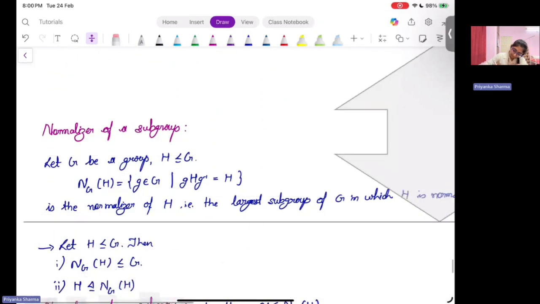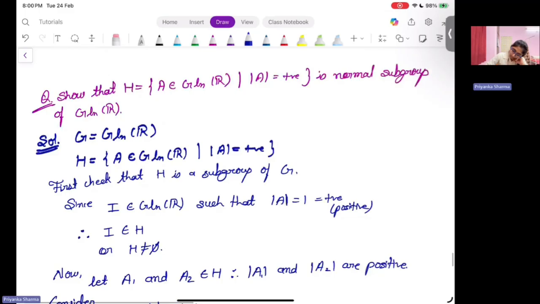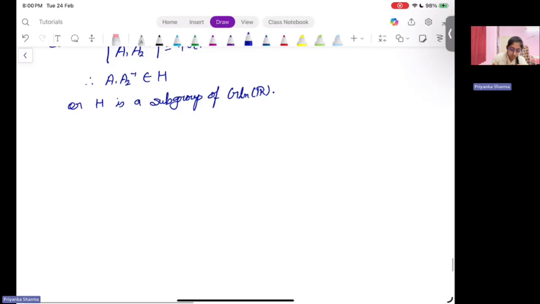Okay, so now what we need to prove is that H is normal. So here we use the definition. Let A belong to H and B belong to GLnR.